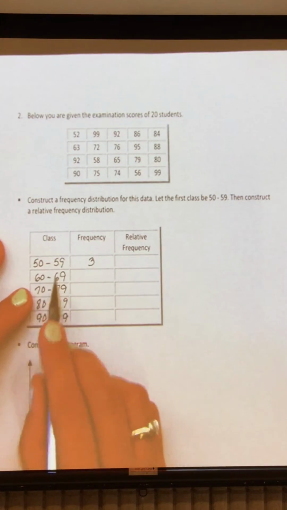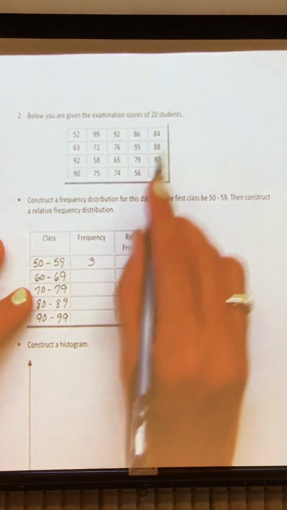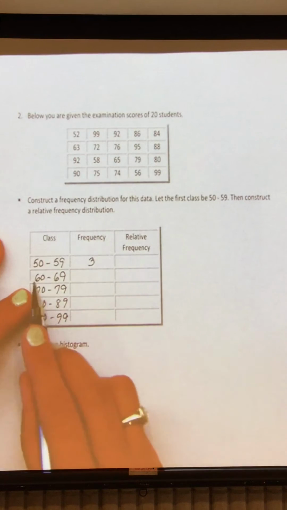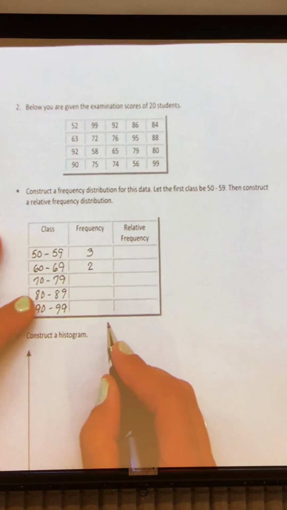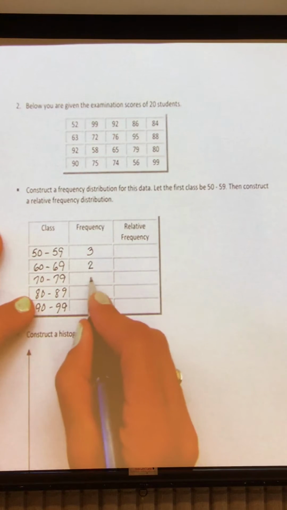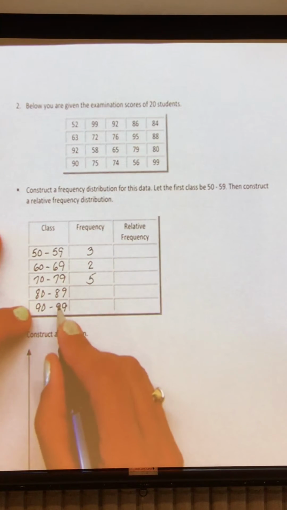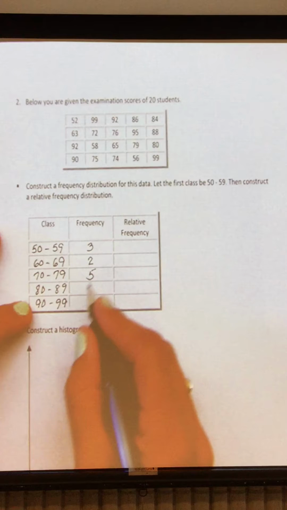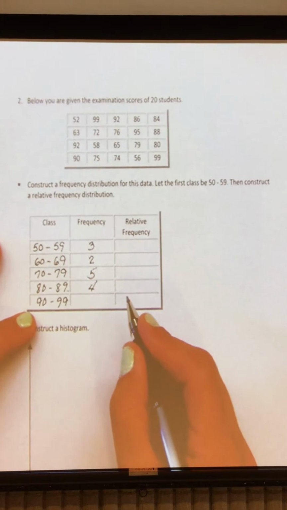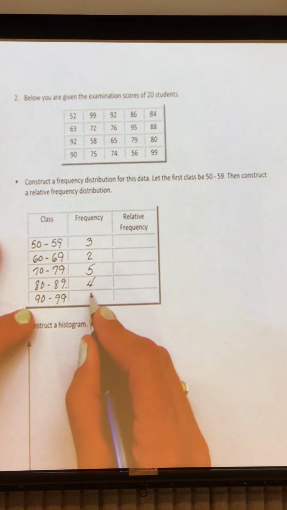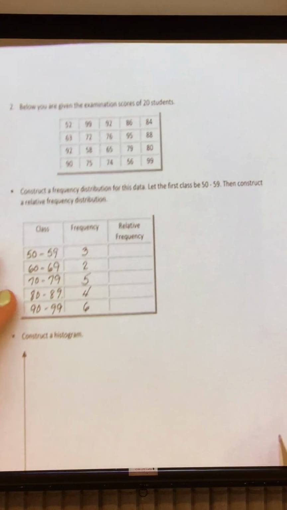And then between 60 and 69, again looking at your table, how many scores do you have between those two numbers? The frequency for that is 2. 70 to 79, you have 5. 80 to 89, you have 4 scores between those numbers, and from 90 to 99, the frequency is 6.